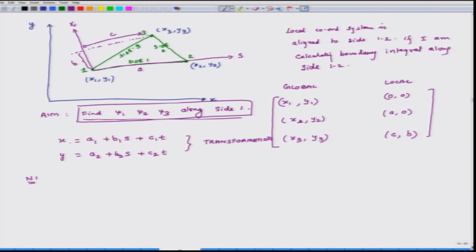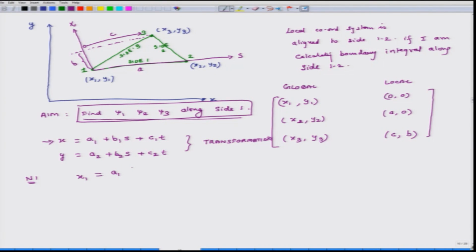What is the value of x for node 1? x1, and that equals, using this relation, a1, what is the value of s? 0, and so b1 times 0 is 0 plus c1 times t, which is 0.